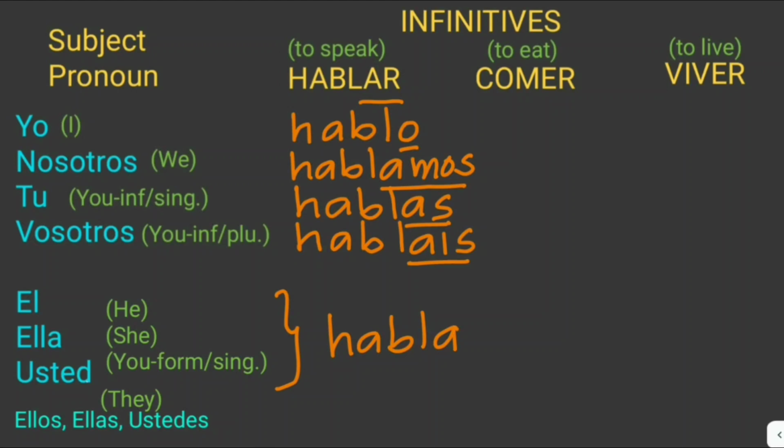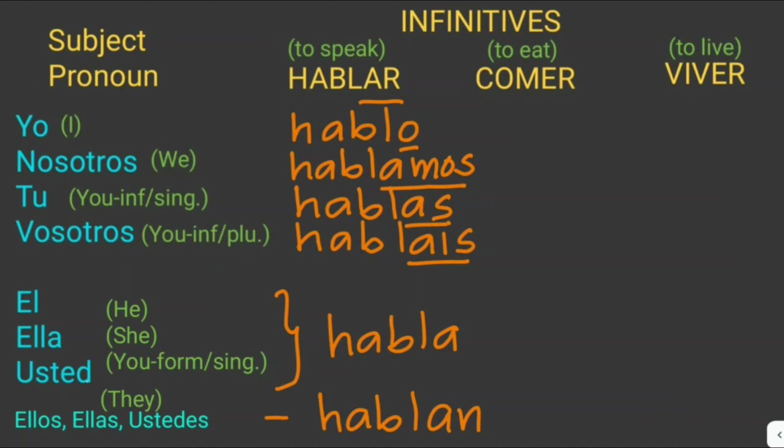And for they, which are ellos, ellas, ustedes, we change ar to an. So hablar would become hablan. Ellos hablan, ustedes hablan, ellas hablan español. Now you've learned how to conjugate the verb hablar.